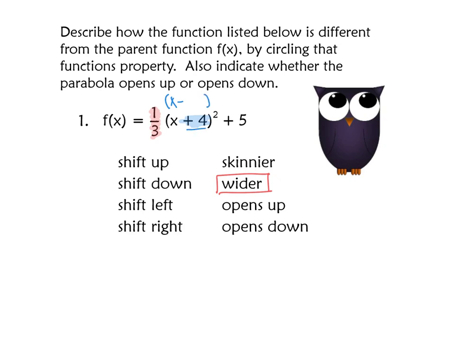So for this to turn into a plus 4, I really had x minus negative 4, and this would mean it actually is going to shift left. My k value is plus 5, which tells me it moves up 5. And then lastly, does it open up or down? So you look at your A value. My A value is technically positive, so it opens up.